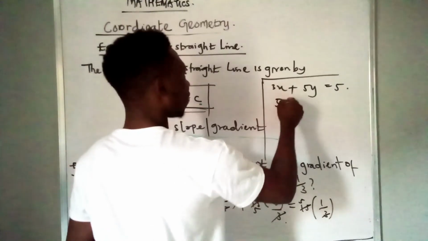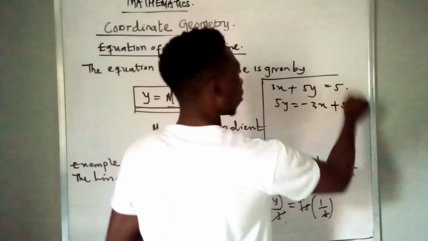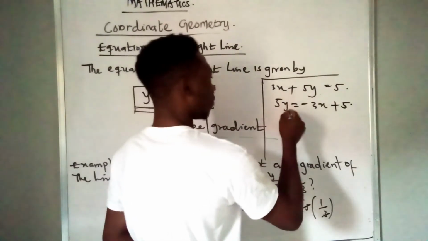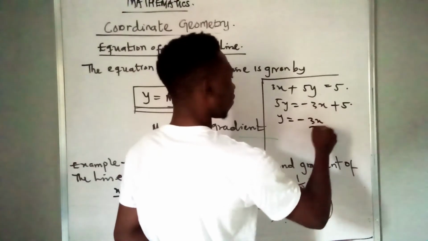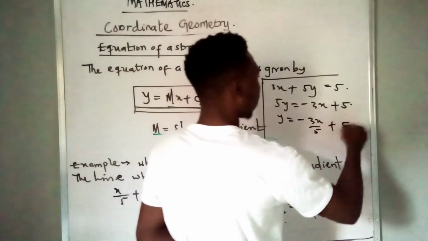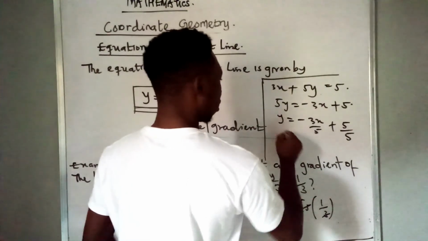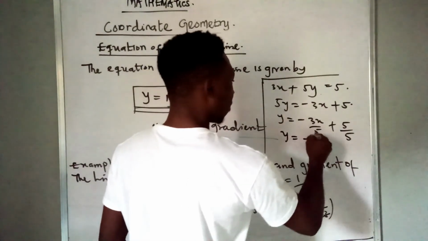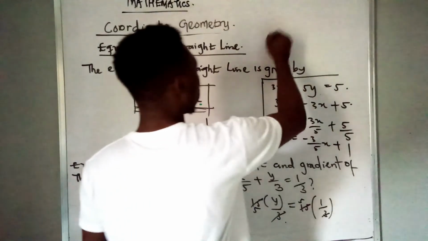So at this junction, rearrange it to look like the equation of a line. Rearranging, 5y is equal to minus 3x plus 5. So divide through by 5, that is y is equal to minus 3x over 5 plus 5 over 5. So y is now equal to minus 3 over 5 x plus 1.